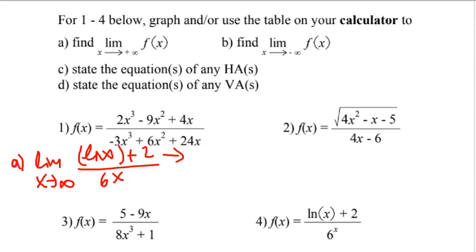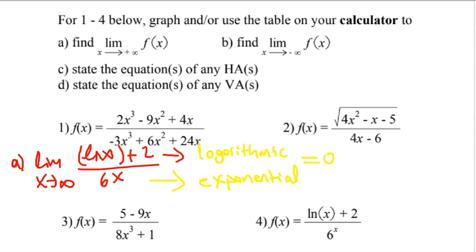Notice that the top function is a logarithmic function. Remember the hierarchy. The bottom function is an exponential function. Which one has the greater growth rate? Of course, the exponential function. So the limit of this function is going to be equal to 0.